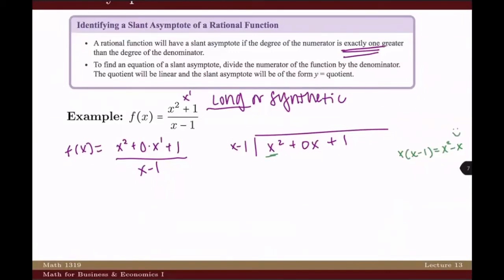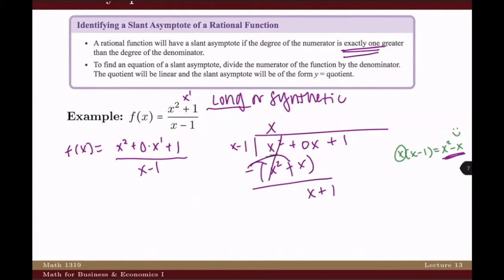So that means my factor is going to be x. So x goes up here, and then we'll have x squared minus x here, the term that we wanted. And you're subtracting this whole thing. So when you distribute this negative, that becomes a plus. These cancel out, and you just get x plus 1.